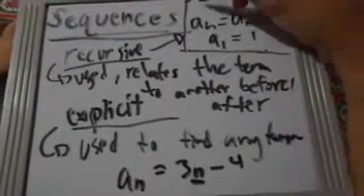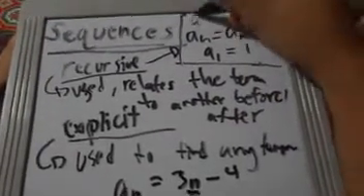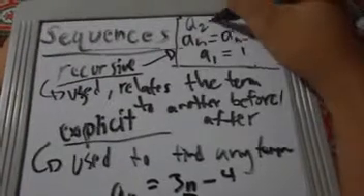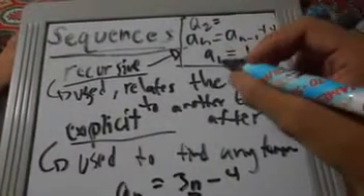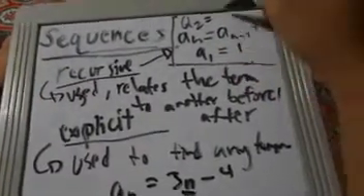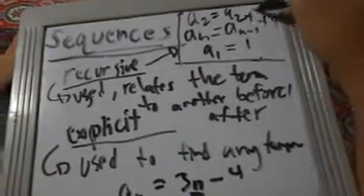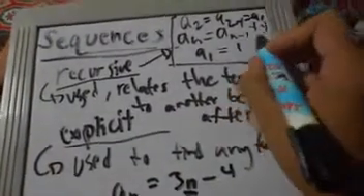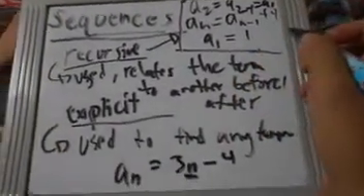For example, if you search for a sub 2, you just substitute 2 here. A sub 2 minus 1, that's equal to a sub 1. 1 plus 4 is 5. That's how simple it is.